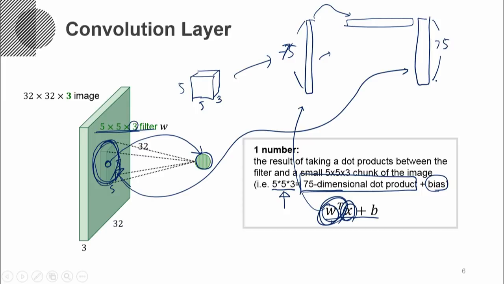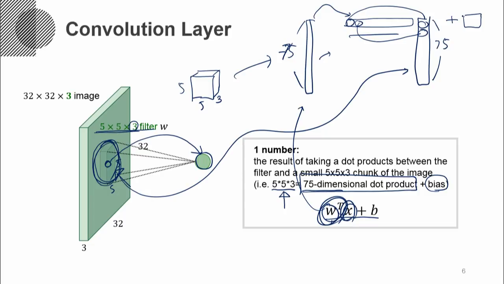Then we perform this inner product, which corresponds to the element-wise multiplication and summing them up, and then we add some bias term.